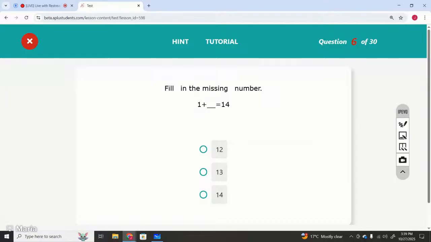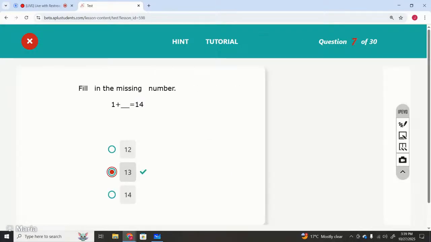Fill in the missing number. That is 1 plus 13 equals 14. Option number 2 is the correct option.